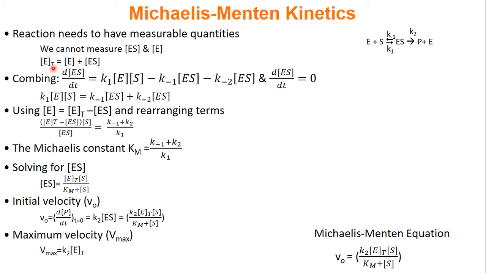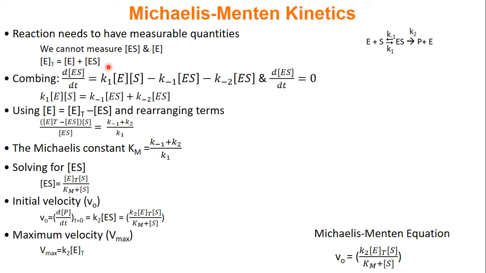But you know how much enzyme you had at the start of the reaction because you put in that enzyme, so you know the concentration. And the concentration of enzyme total is equal to the enzyme not bound to substrate plus the enzyme substrate complex. So it might seem random I'm bringing this up, but we're going to bring it to a nice equation at the bottom of this page.